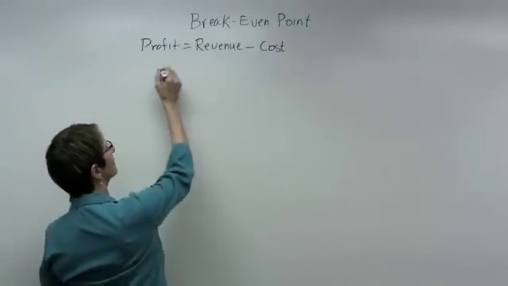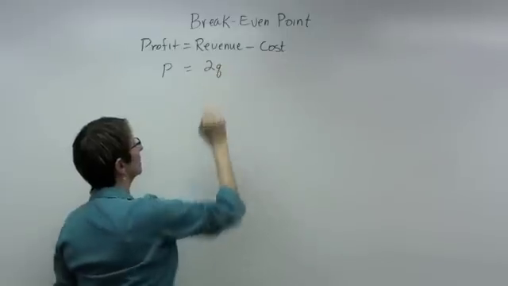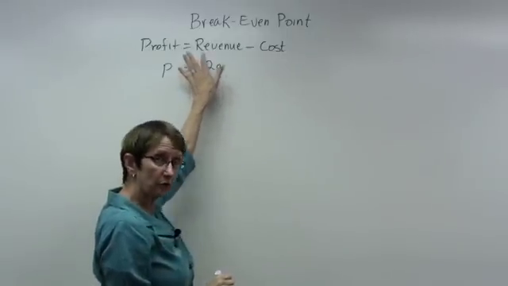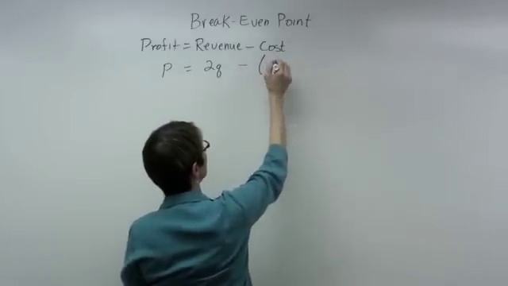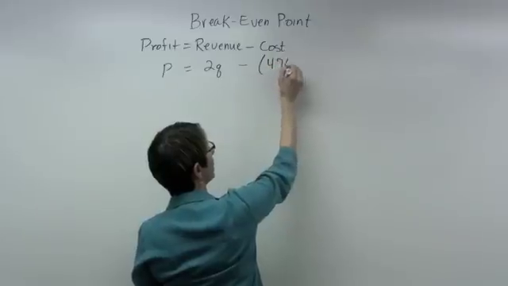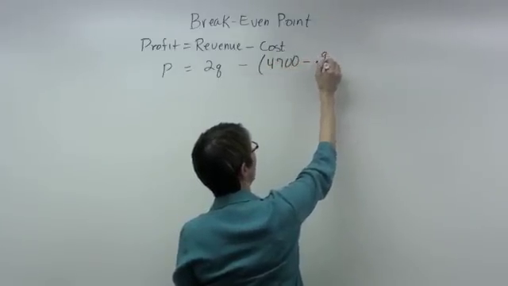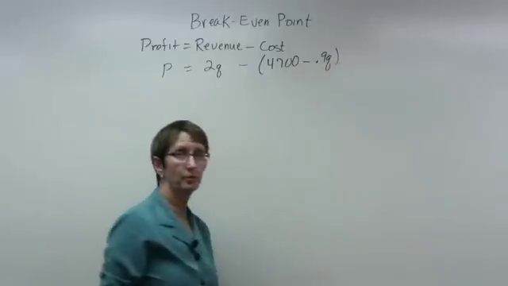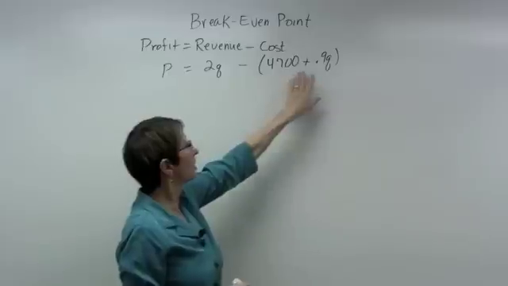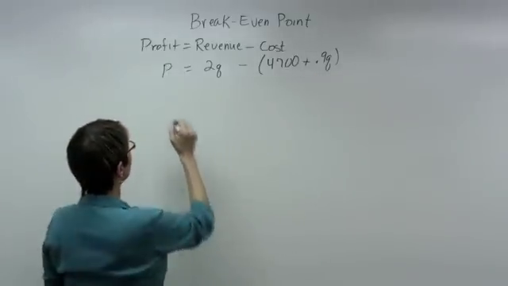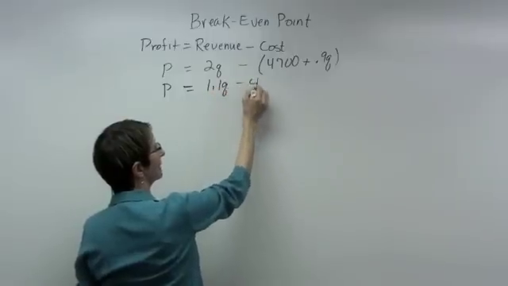We found that our profit function was 2Q, as pencils sold for $2 each times whatever the quantity is, minus the cost function: $4,700 fixed cost, plus 0.9Q for the variable cost. Fixed cost plus variable cost. So our final profit equation was 1.1Q minus 4,700.